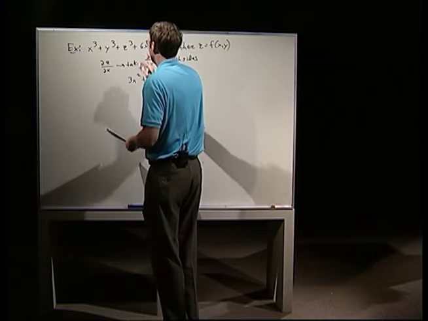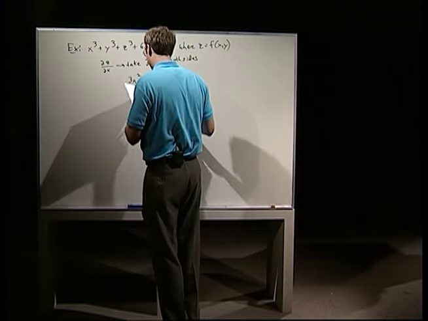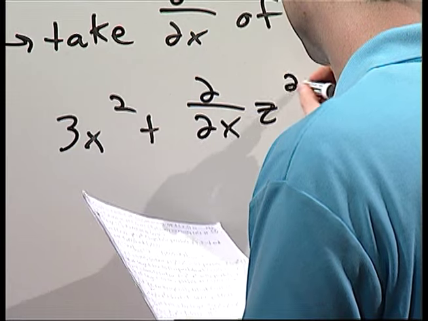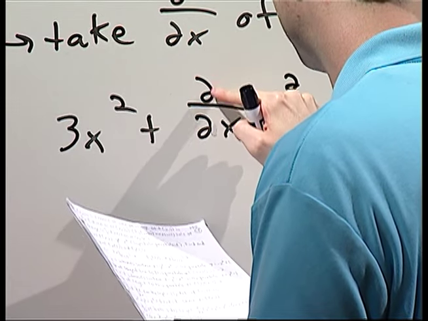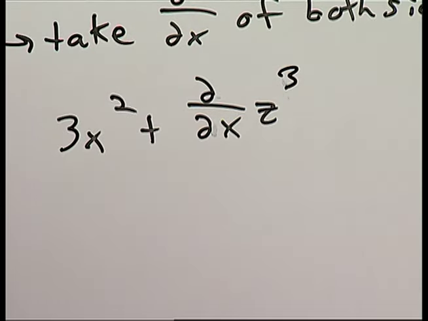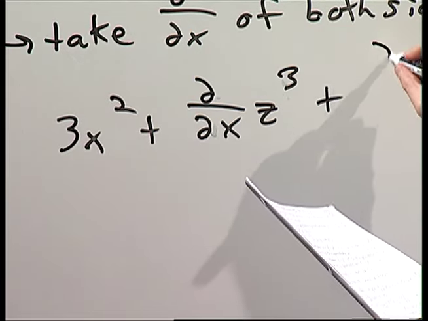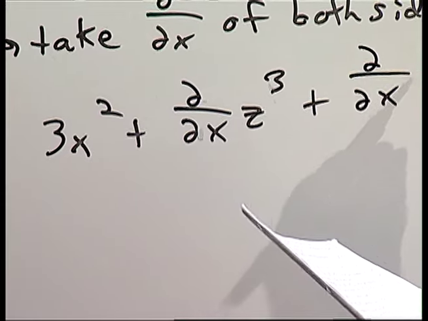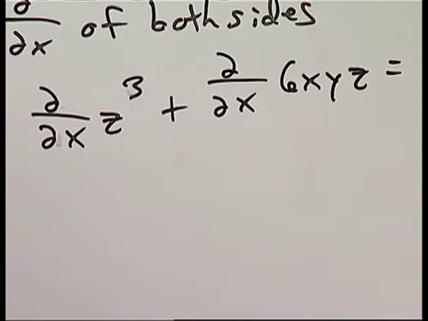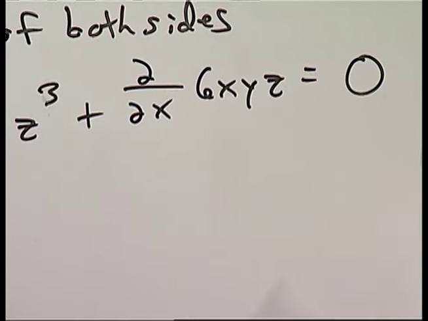It's gone. This z cubed, I have to say to myself, well, I'm not quite sure what's going on with that, so let's leave that for the time being. And then we also have this other kind of ugly piece that involves x, y, and a z, equal to 0, because partial x of 1 is 0.